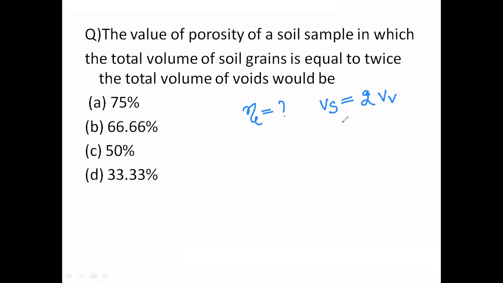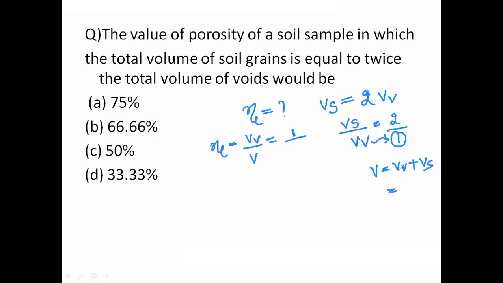So what I will do, I just take Vs divided by Vv. If I take Vs divided by Vv, then it will be equal to 2. So we know that porosity is nothing but volume of the voids divided by total volume. From this equation, we can see that the volume of the voids is 1 part. And total volume is always equal to Vv plus Vs. So what is Vv?